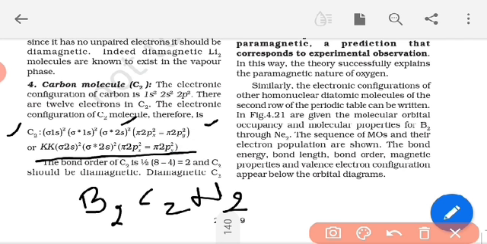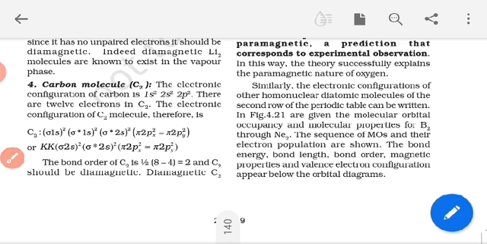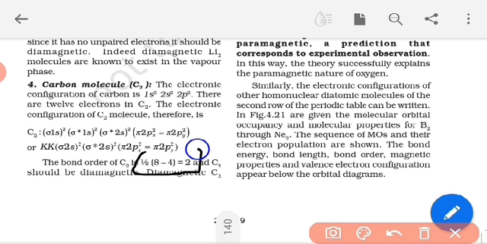KK means the first shell bonding and anti-bonding orbitals are fully filled. Now the bond order for the carbon molecule is 2. There are 8 electrons in bonding molecular orbitals and 4 electrons in anti-bonding molecular orbitals. So bond order is 2.